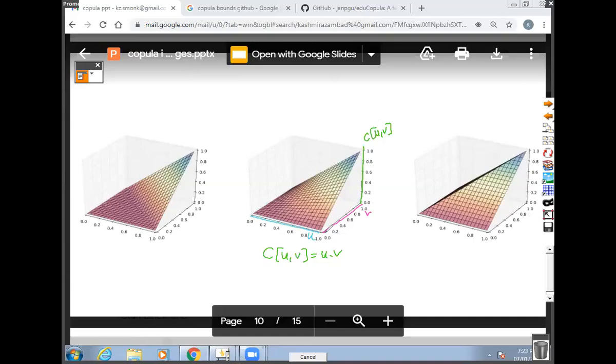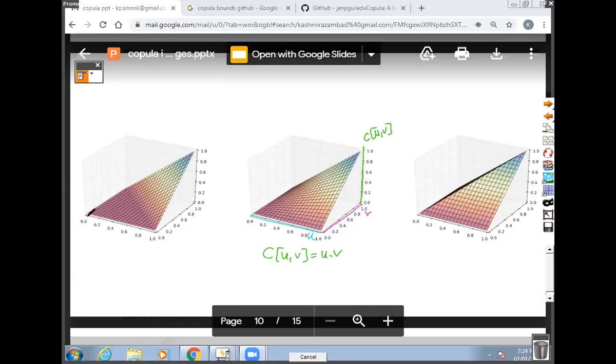Okay, so what I know about this copula is, for each value of U and for each value of V, it takes a particular height, and that height is measured on this copula axis. Maybe it's not quite evident in this case, so I guess we can have a look at this case first.